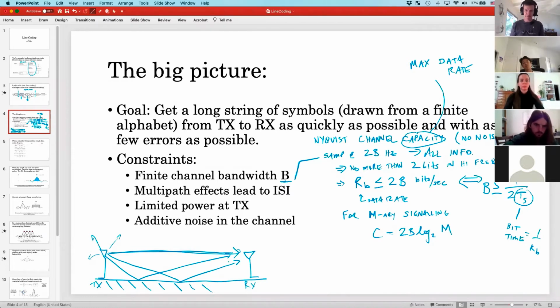But you RF people are kind of cringing, I think, when I say that, because of this multipath effect. And so the big idea is, there will be some time delay.